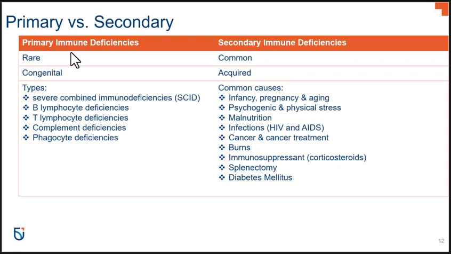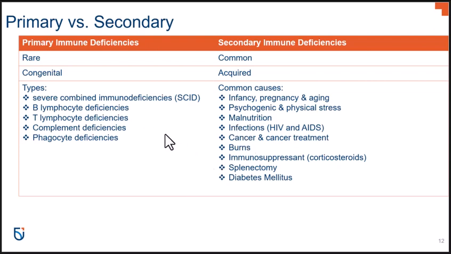However, the onset of symptoms can be later. That's an important consideration. So they are considered to be rare and congenital. Congenital just means that it's something you're born with whenever you see that term. In terms of the different conditions, we have an example here, severe combined immunodeficiencies.